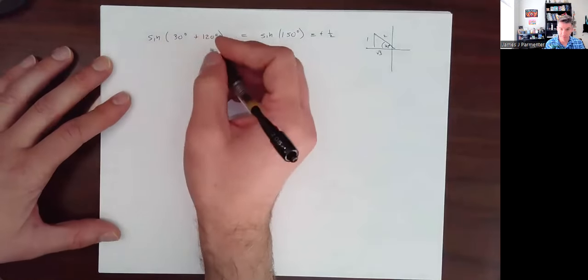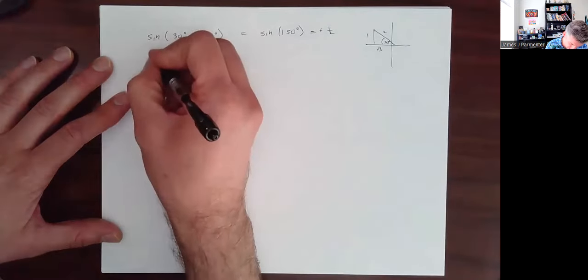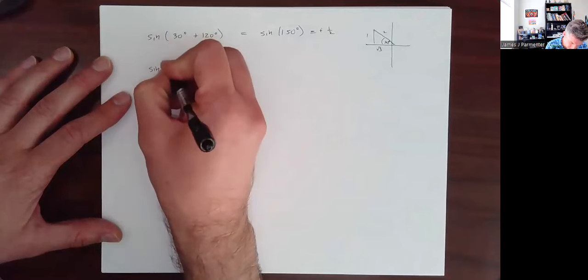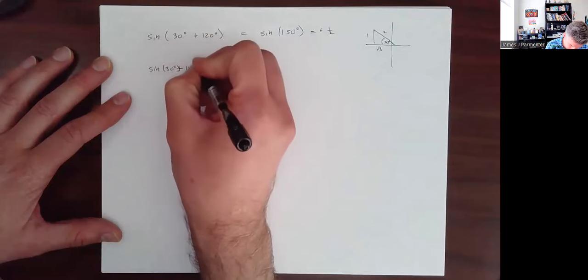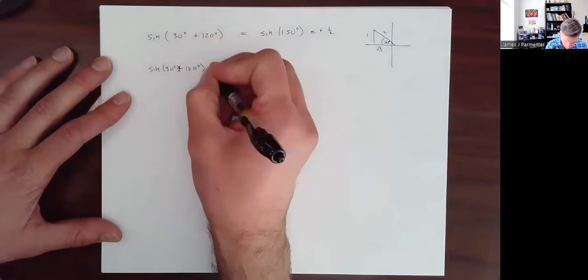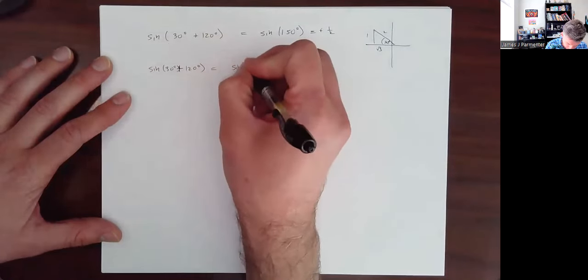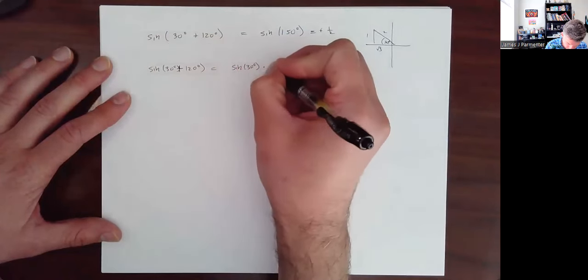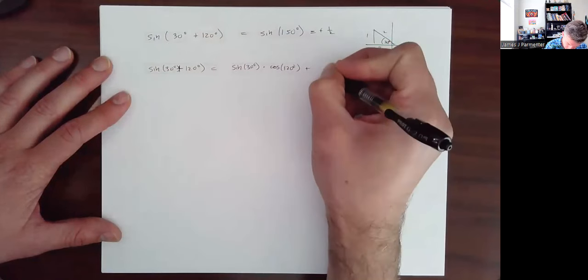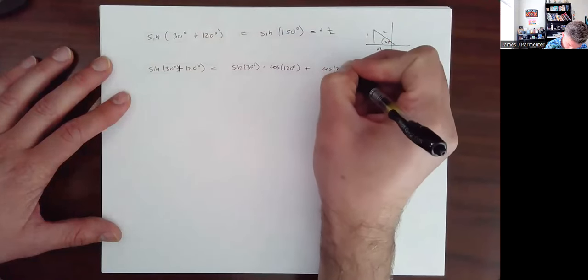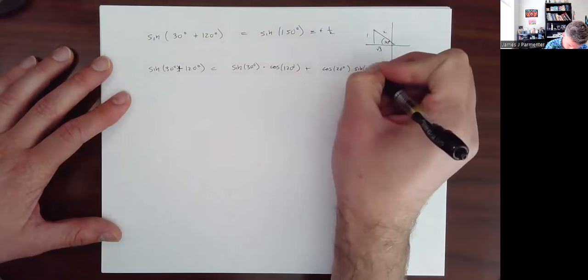But if I use the formula for the angle sum, I can do this as well. Now it's more work to do it this way, sorry, but the point is to see that the formula works. So that's sine of 30 degrees times cosine of 120 degrees plus cosine of 30 degrees times sine of 120 degrees.